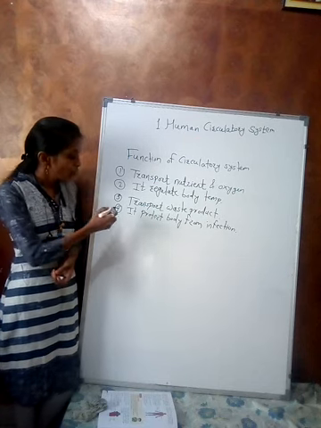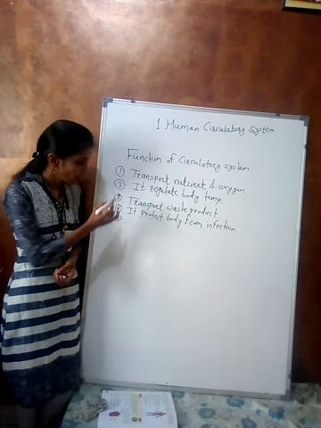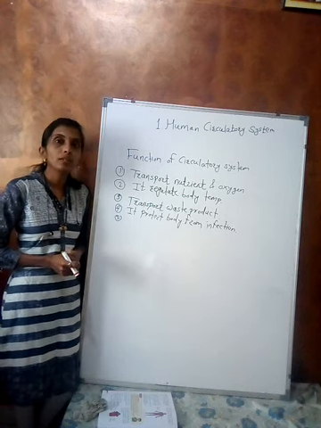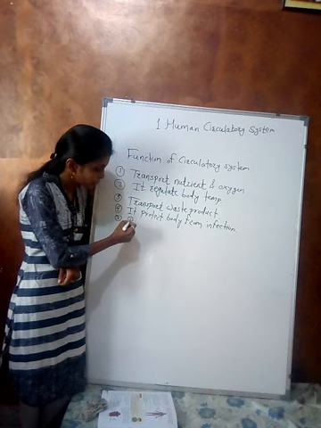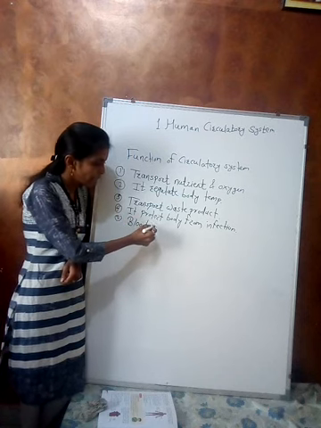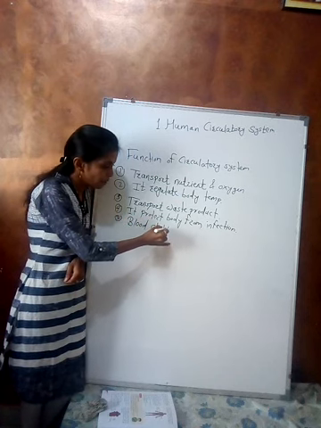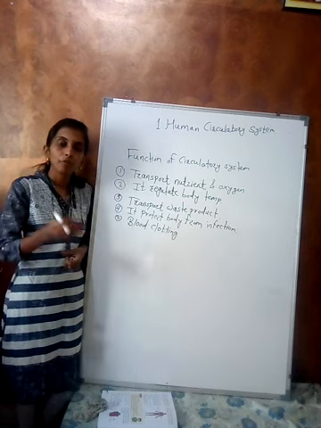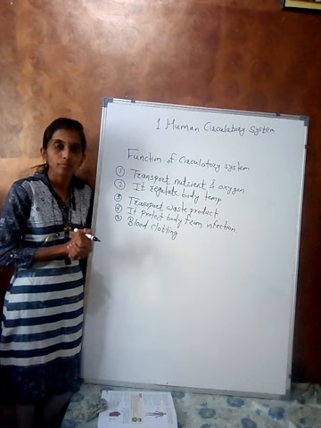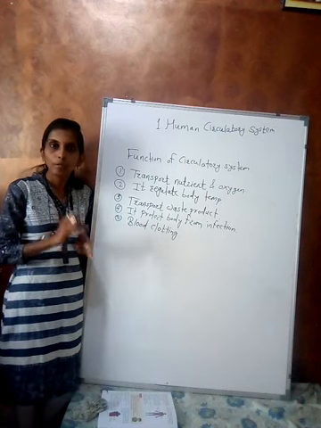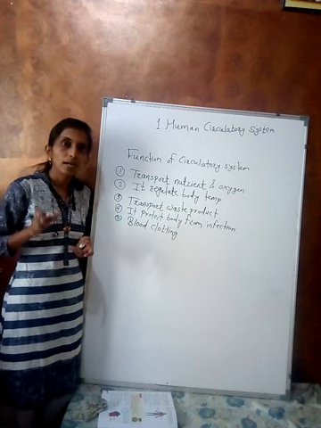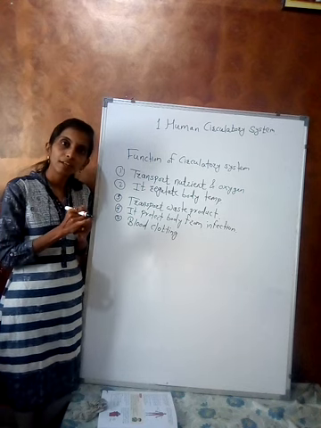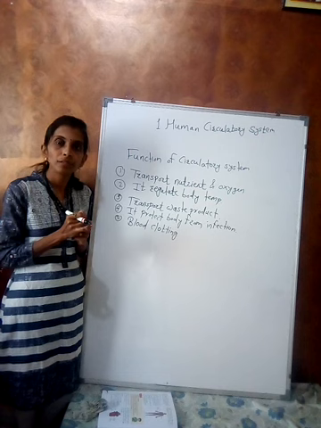And last, the fifth function of the circulatory system is that it helps in blood clotting. Blood clotting means when you have any injuries. Suppose you cut your finger, then what? The bleeding starts. But when you press it with a finger, it stops after a few seconds.